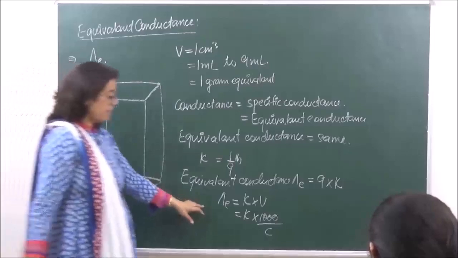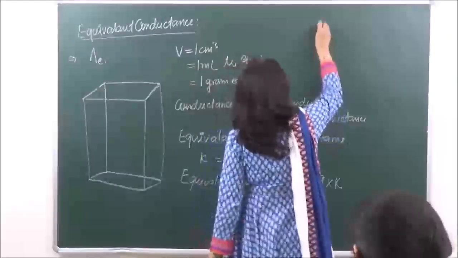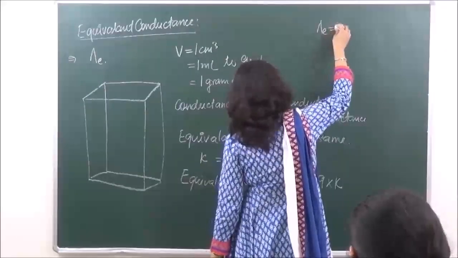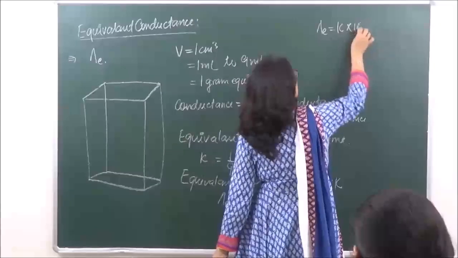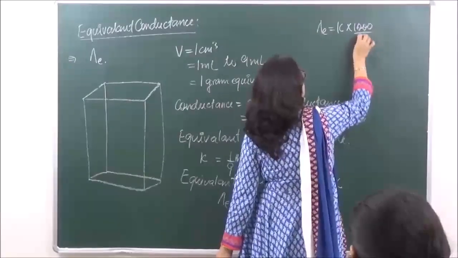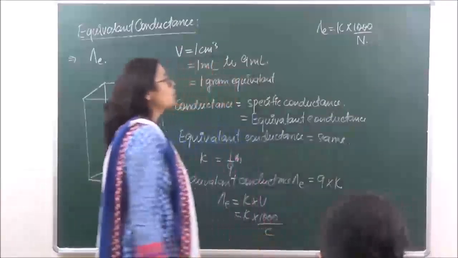Because we are taking the equivalent conductance, lambda E becomes kappa into 1000 upon normality.